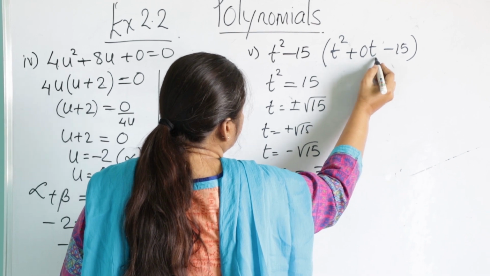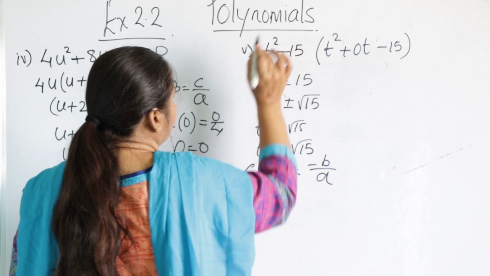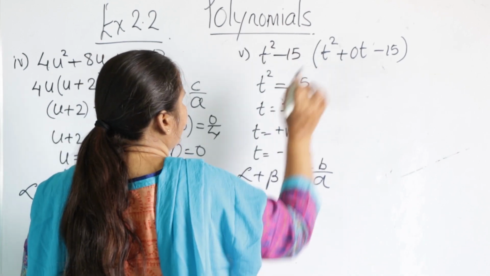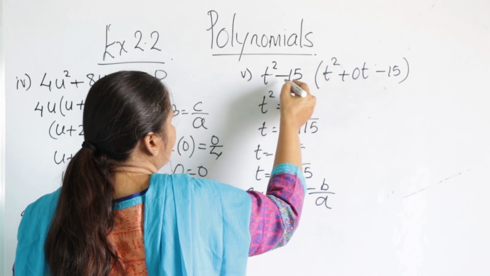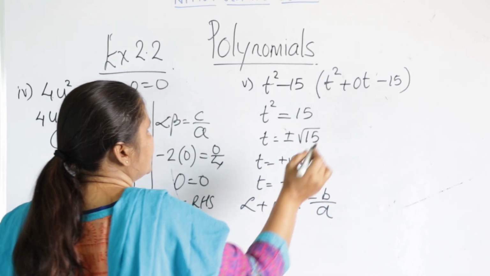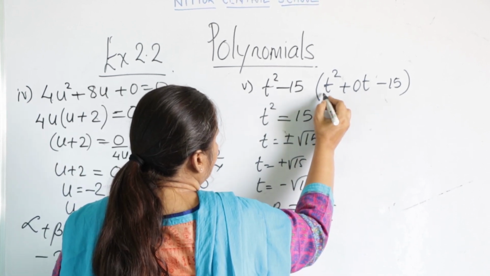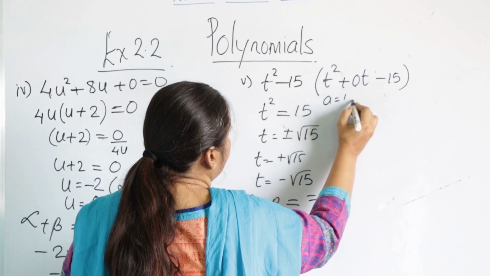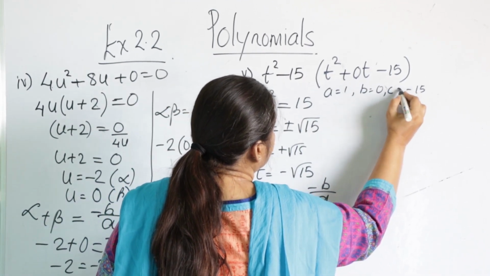This becomes 0 and we are not changing the value of the original equation. If you take it like this, it will be less confusing, so that your b is equal to 0. Now your a is equal to 1, b is equal to 0, c is equal to minus 15.